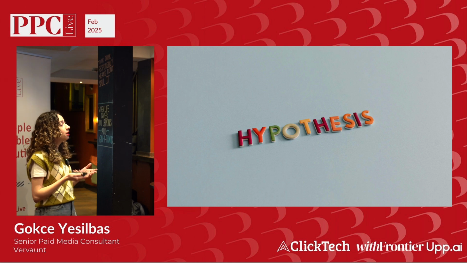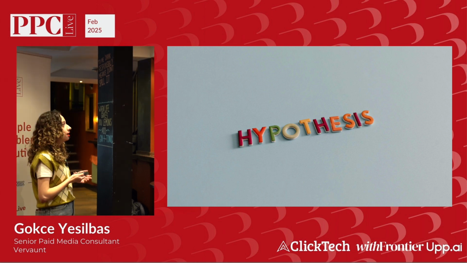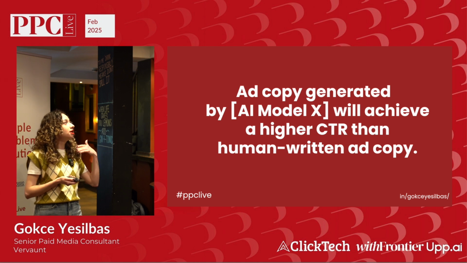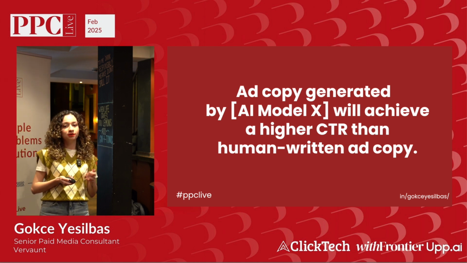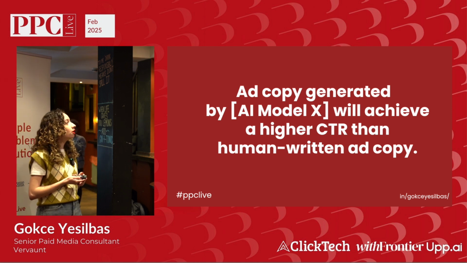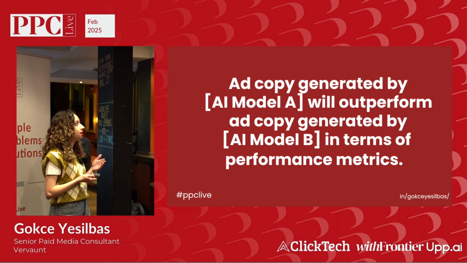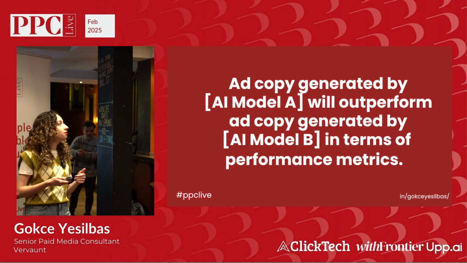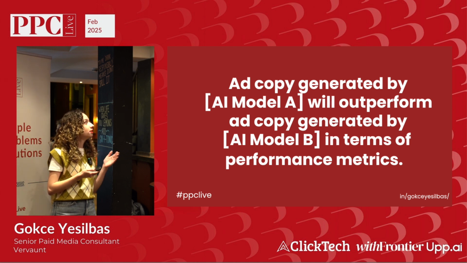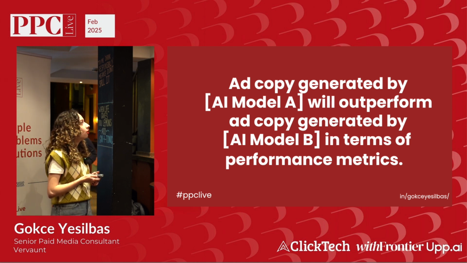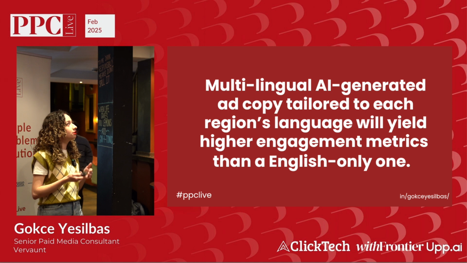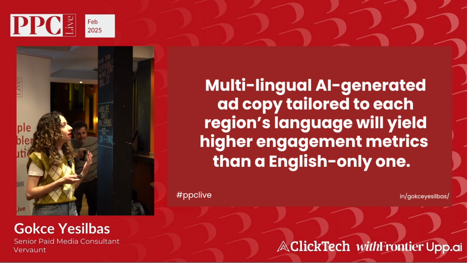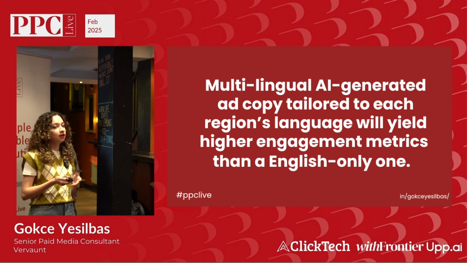For example, you can create a hypothesis like ad copy generated by AI model X will perform better than human-written ad copy. Or you can create a hypothesis like ad copy generated by model A will outperform model B. Or you can even test whether multilingual AI-generated ad copy will yield higher engagement metrics than an English one.